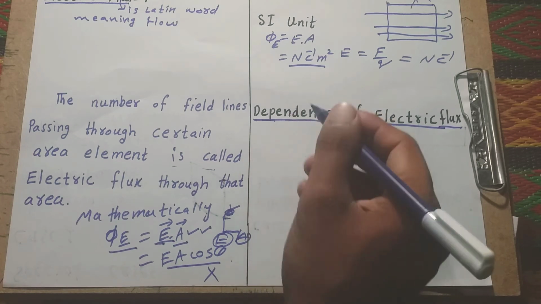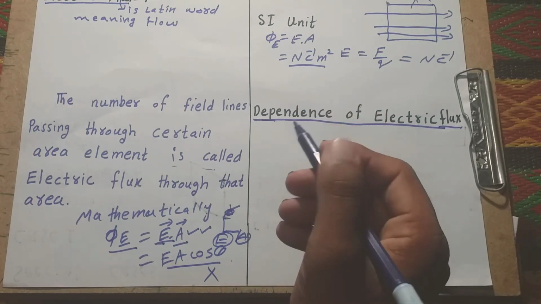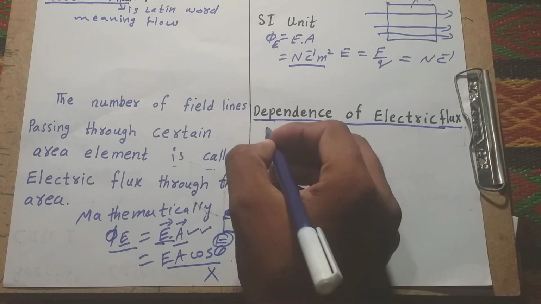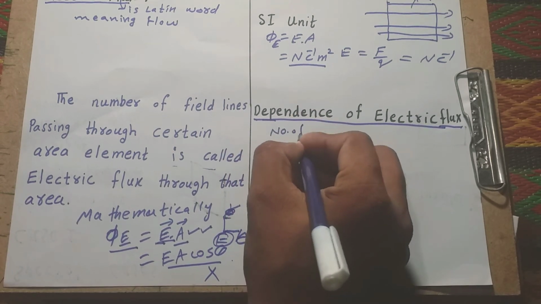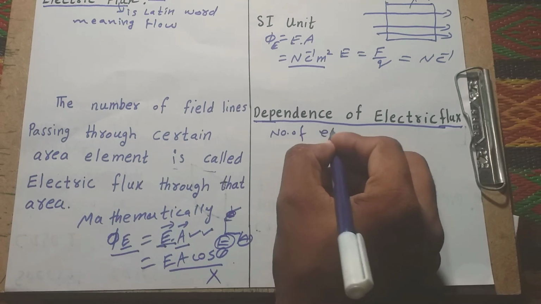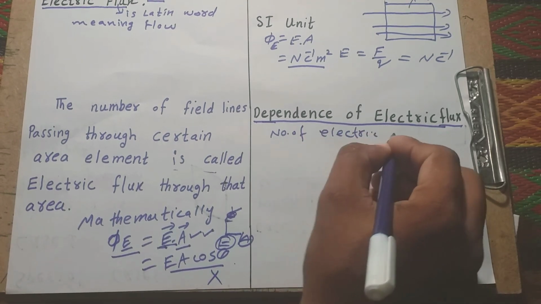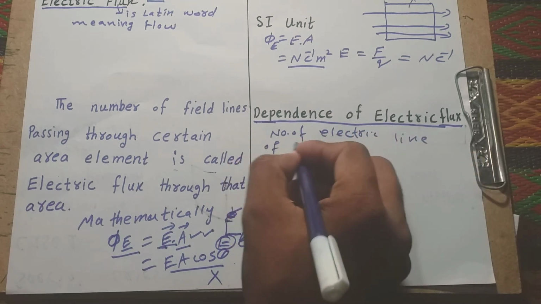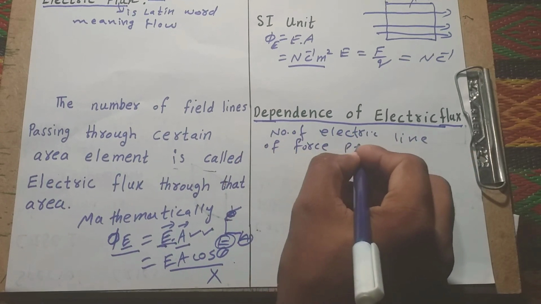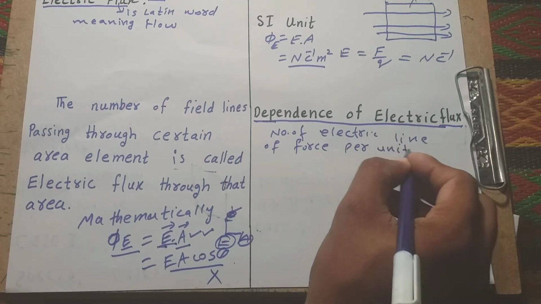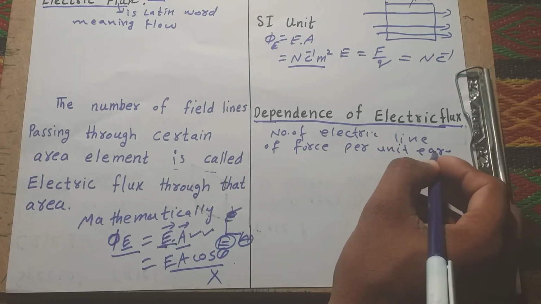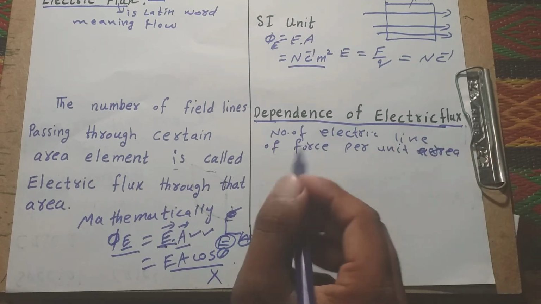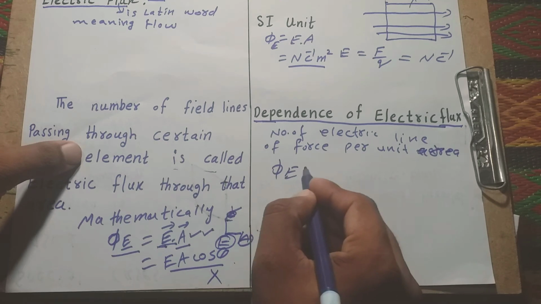Electric flux depends on the number of electric lines of force per unit area.